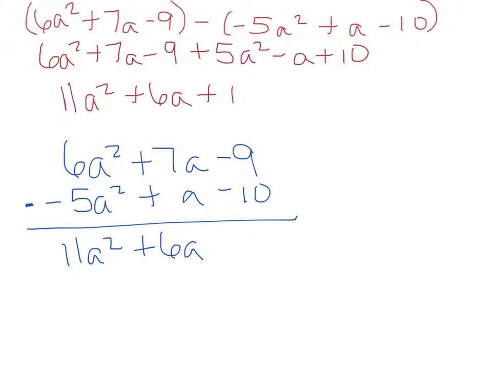So negative 9 plus 10 is going to be positive 1. And again, we have the same answer, but this makes things a little trickier, this minus sign. So please, please, please be careful of your subtraction signs.